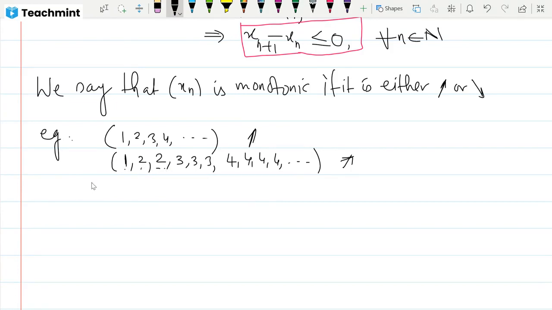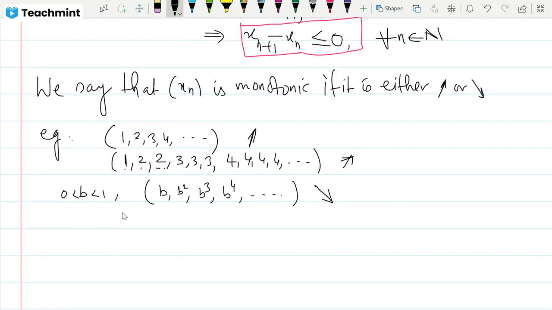One more example. If b is less than 1 or lies between 0 and 1, can you tell me the monotonicity of this sequence? Say b square, b cube, b power 4 and so on. Is this increasing or decreasing? If b lies between 0 and 1, it is a decreasing sequence.